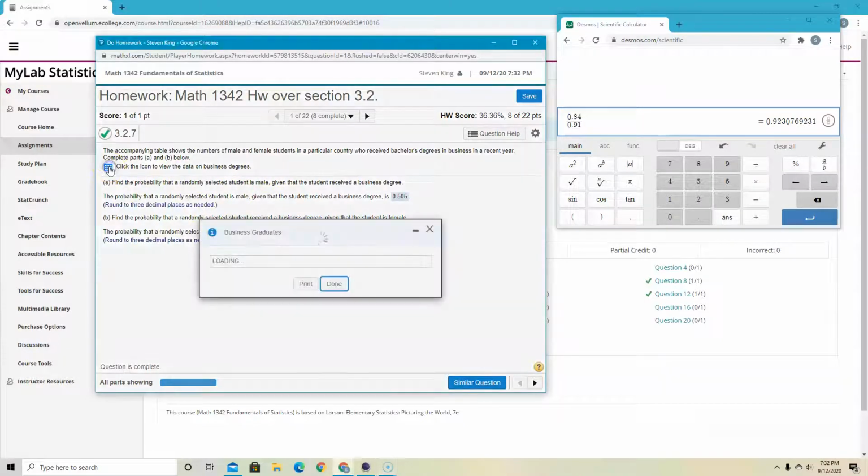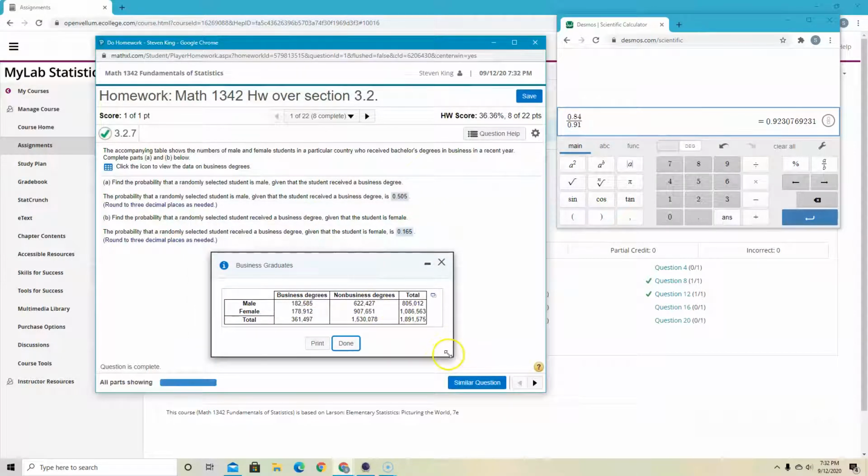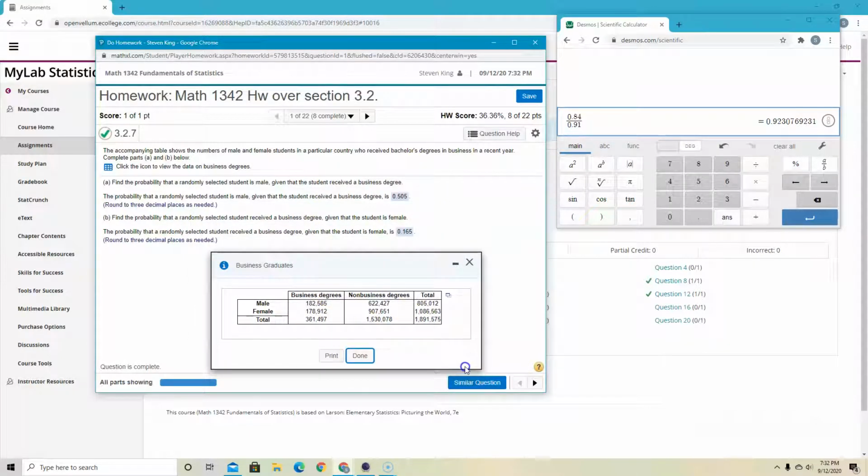Well, first let me click on the table and make it a little bit larger. The accompanying table shows the numbers of male and female students in a particular country who received bachelor's degree in business in a recent year.